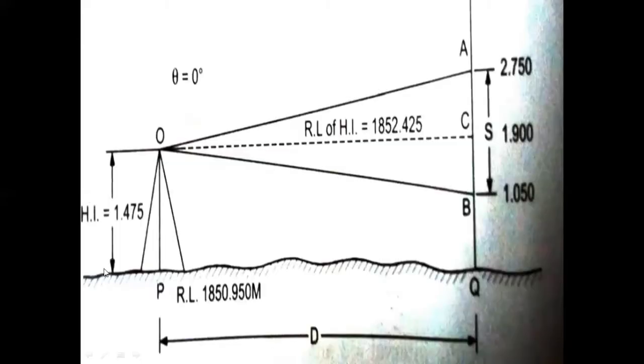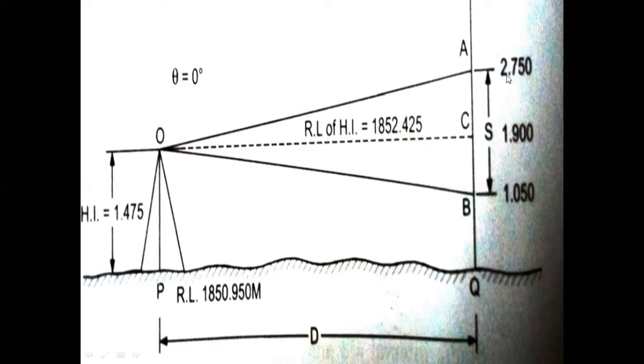According to the data given, to find the distance D, you also have to find the RL of Q. The RL of P is 1850.950 meter. This is the height of instrument, 1.475, and these are the hair readings: the top hair reading, middle hair reading, and bottom hair reading.